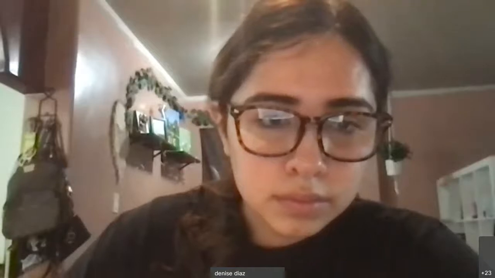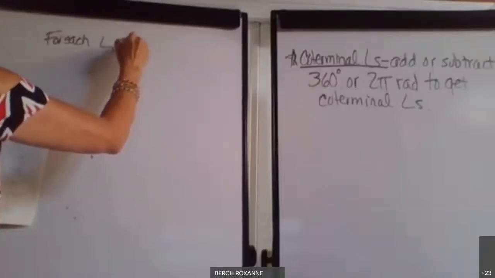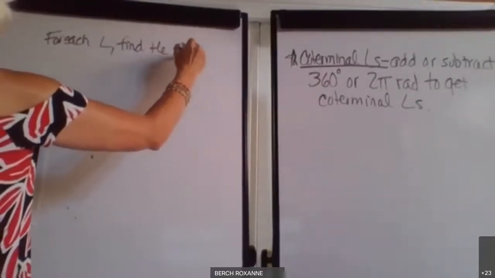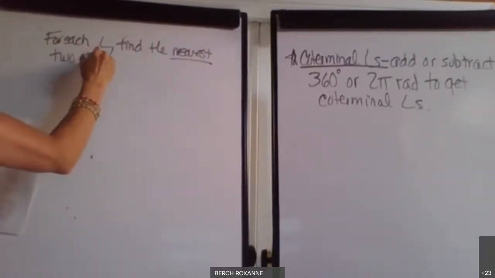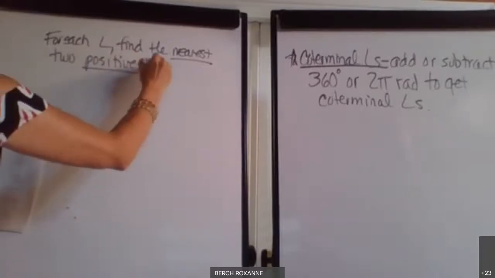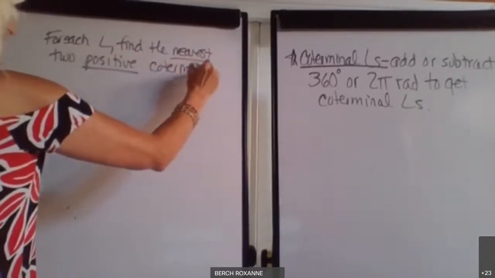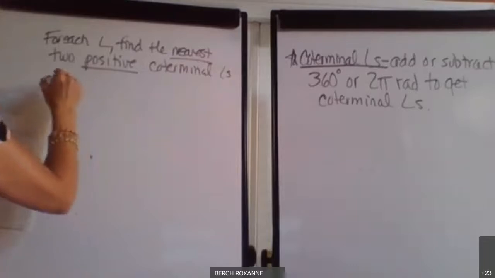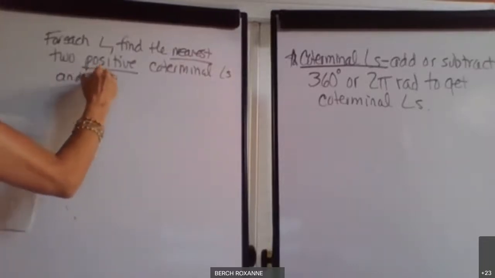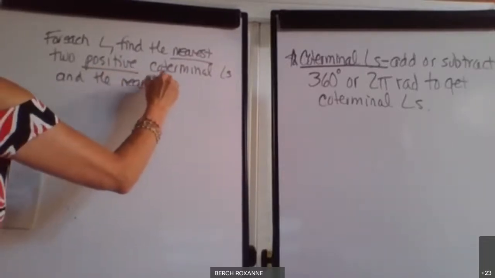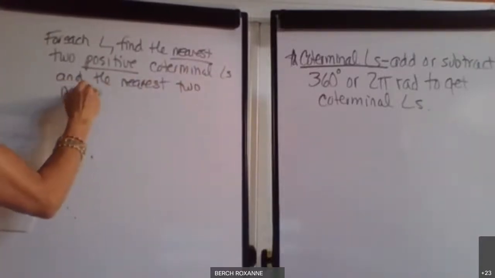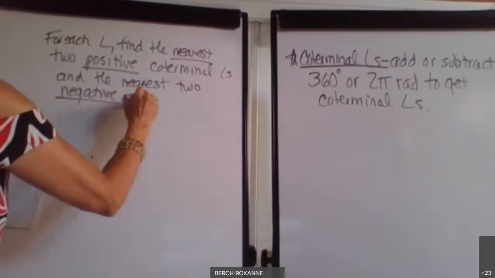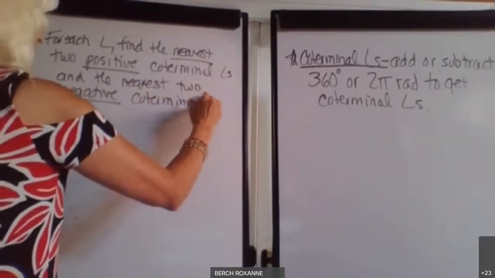It's actually for each angle. Okay, for each angle, find the nearest two positive coterminal angles and the nearest two negative coterminal angles.